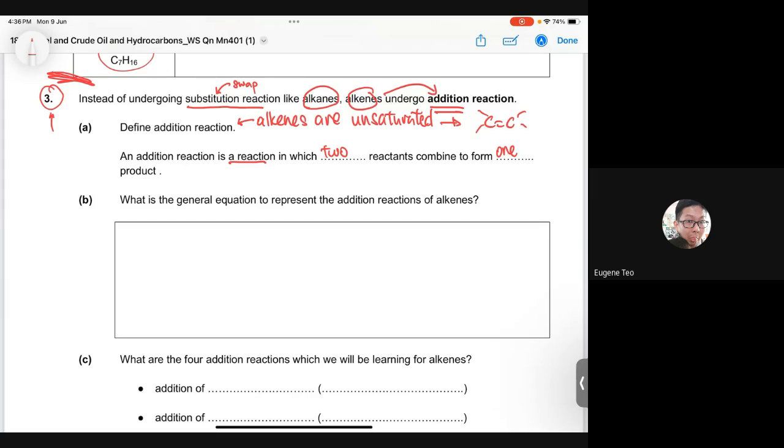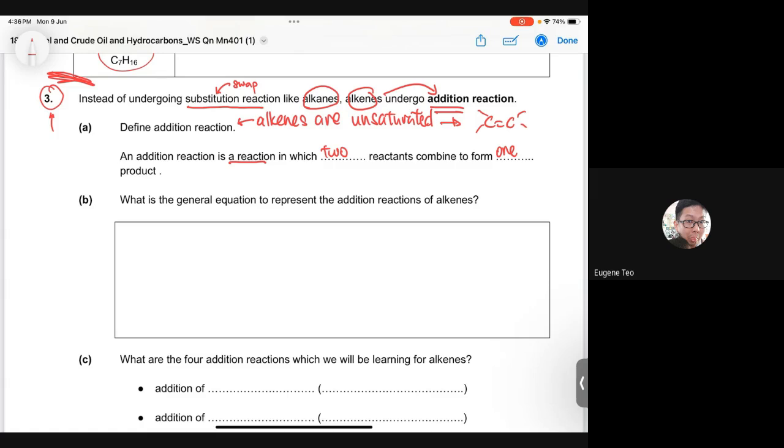So how exactly do we give a general equation to represent addition reaction? The key idea here is that alkenes undergo addition reactions because they contain the C double bond C. The functional group is the one that actually undergoes that particular reaction. So whenever you see alkenes and you want to know what reaction they undergo, you just focus on the functional group and evolve from there.